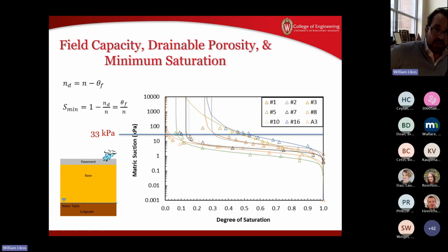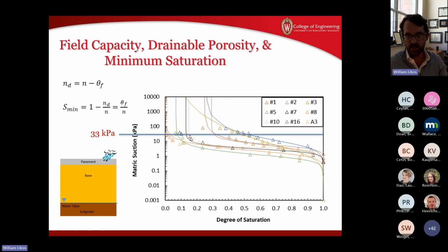I wanted to point out another important series of parameters, and that is what we might call field capacity, drainable porosity, and minimum saturation. Field capacity is defined as the volumetric water content at gravity drainage. We imagine a column of material that we saturate and allow permeation from the base.